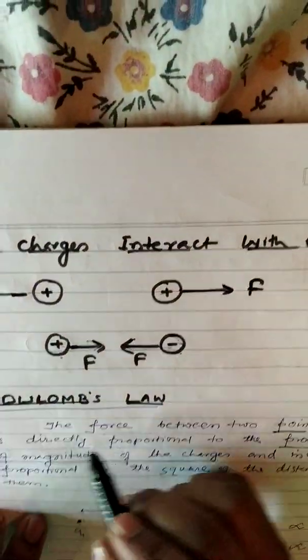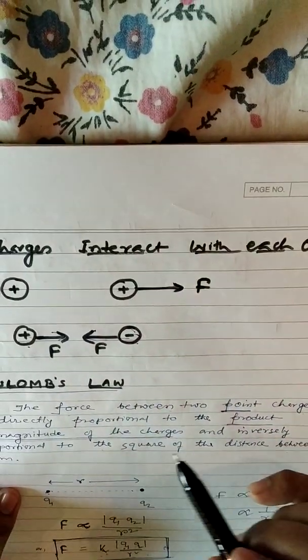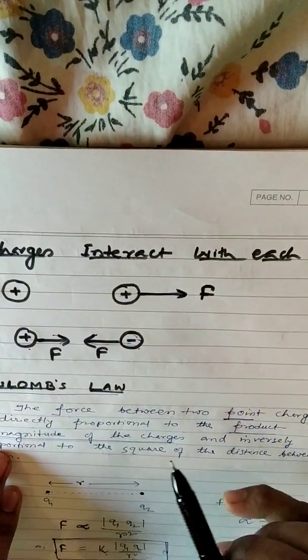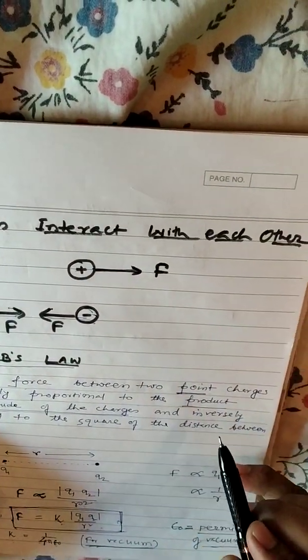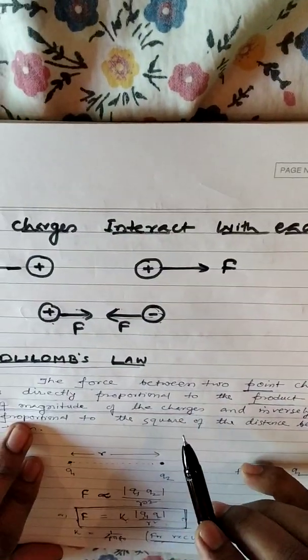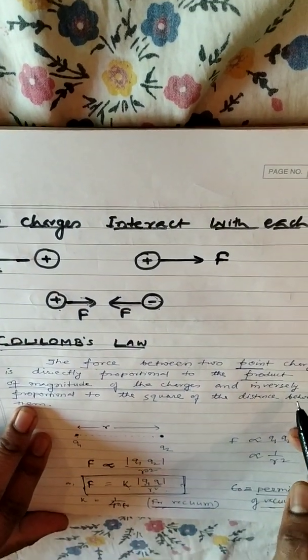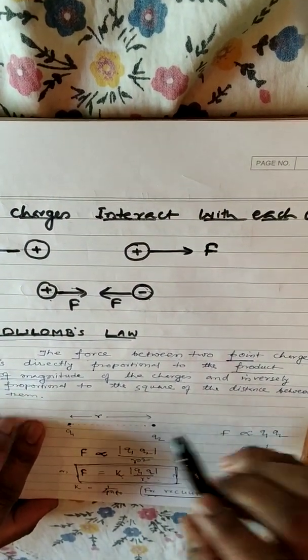What does this law say? The force between two point charges is directly proportional to the product of the magnitude of charges and inversely proportional to the square of the distance between them.